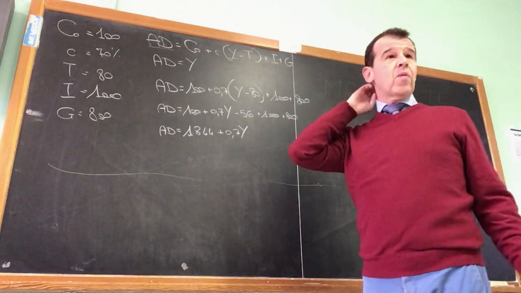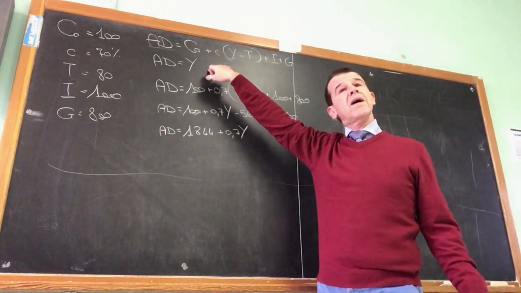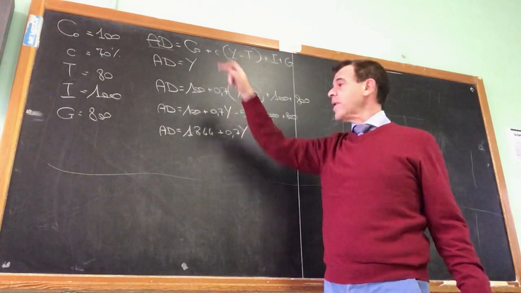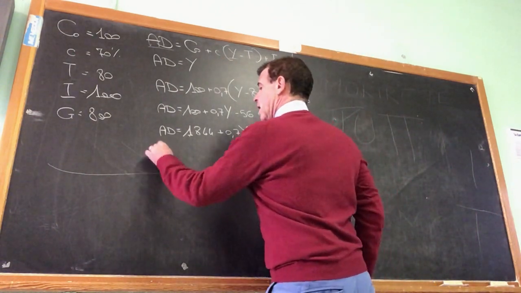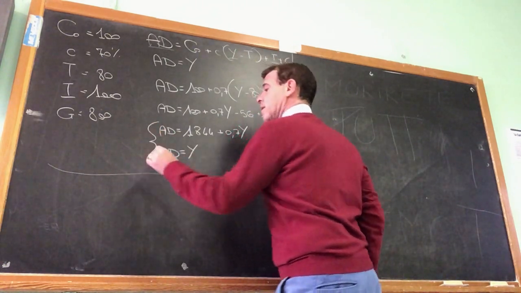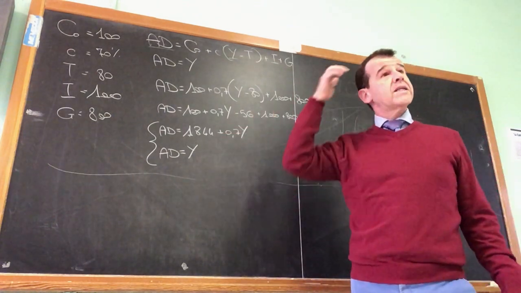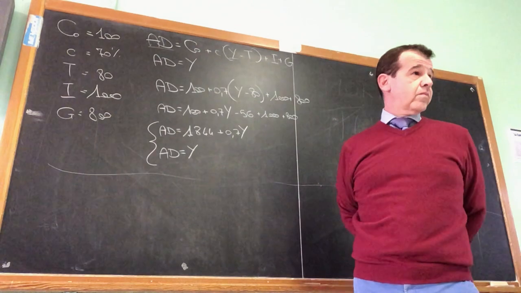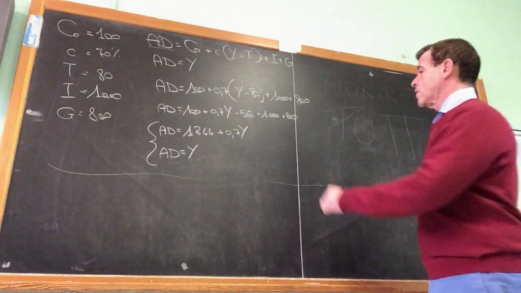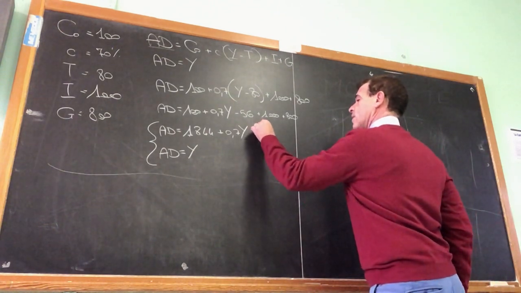Then, if you remember well, the equilibrium was when aggregate demand was equal to national income, right? Meaning that if we want to find the equilibrium of the system, we need to put them on a system, right? Because I do a little graph.